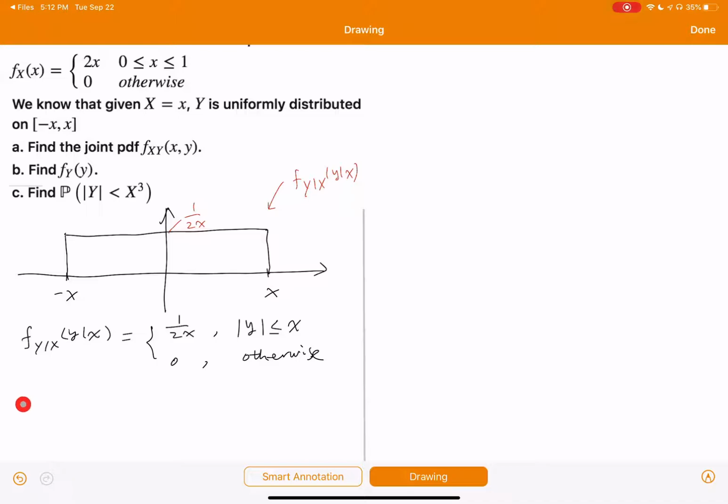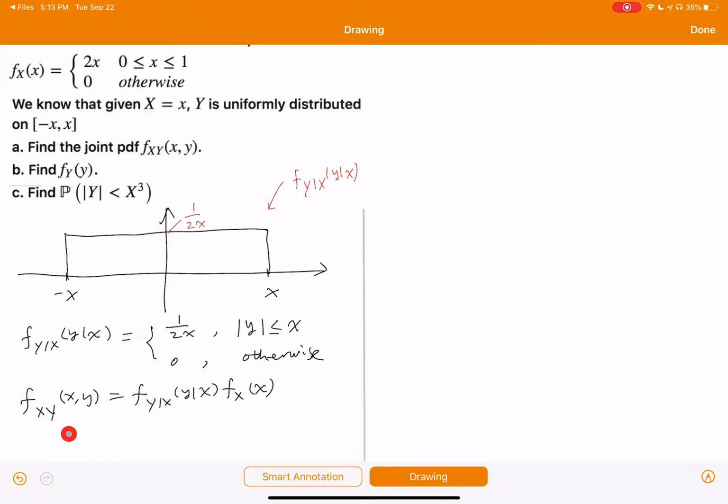Let's first write this joint density f of x,y as equal to f of y given x. So the joint density of x and y can be written as the conditional density of y given x multiplied by the marginal density of x.